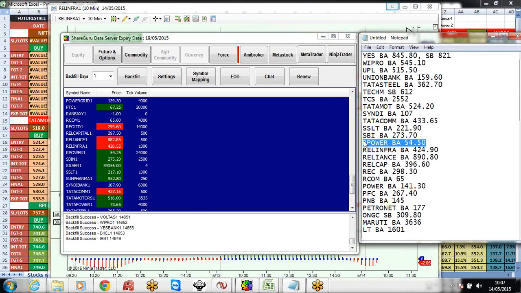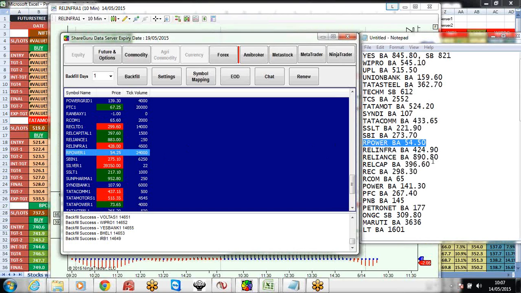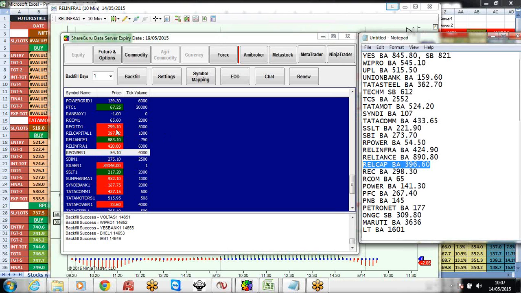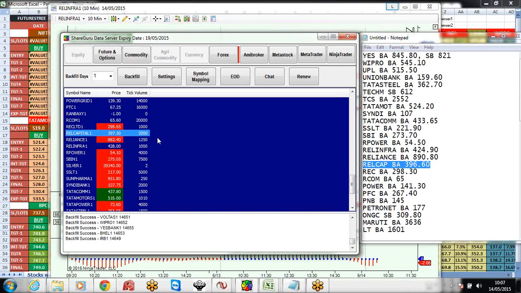R Power, 54.50 is the entry. Now it is at 54.25. Run cap, 396.60 is the entry. Now it is at 397.30.